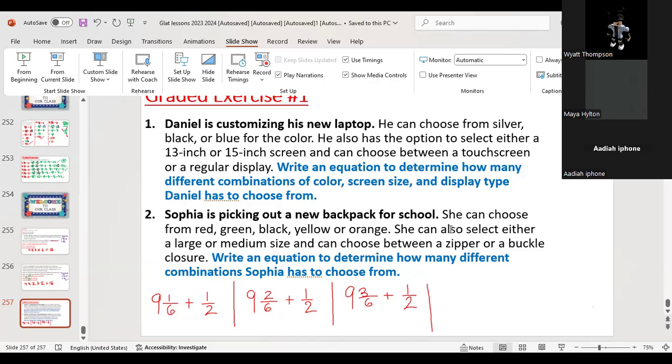All right. Trinity, what number are you on? Which one are you on? I'm on the second one. Okay. I sent in my work, Mr. Petit. Okay.